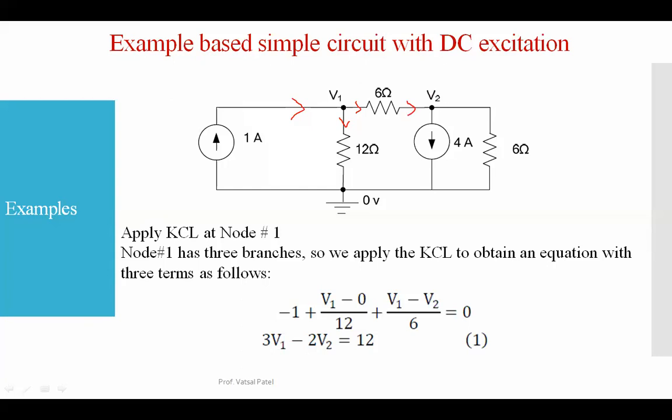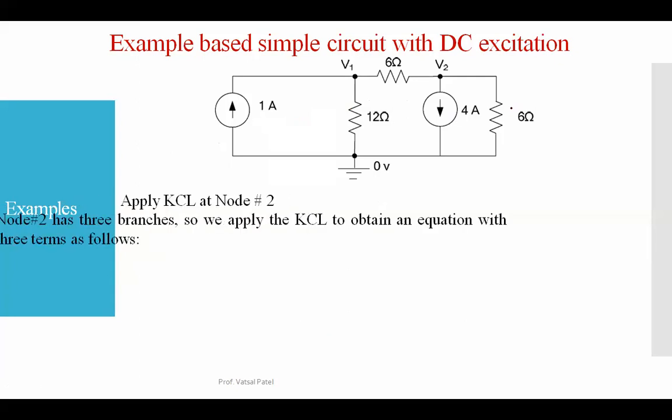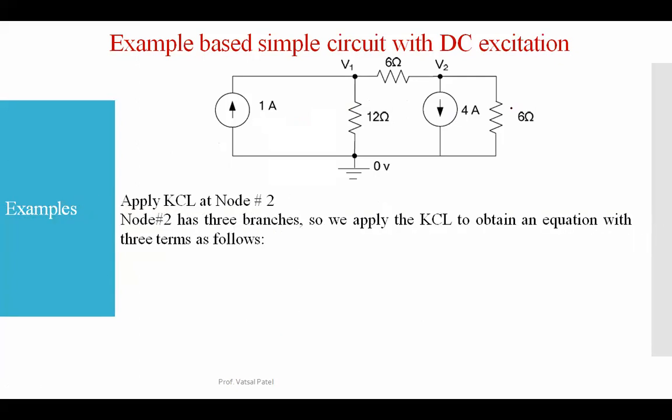This is our second branch. This is our third branch. So two current directions we assume towards the node, and one current direction is leaving the node. So at node number 2, again we have three branches. We apply the KCL. So now what is the equation? 4 plus (V2 minus 0) divided by 6 plus (V2 minus V1) divided by 6 is equal to 0. So from that we get equation number 2.